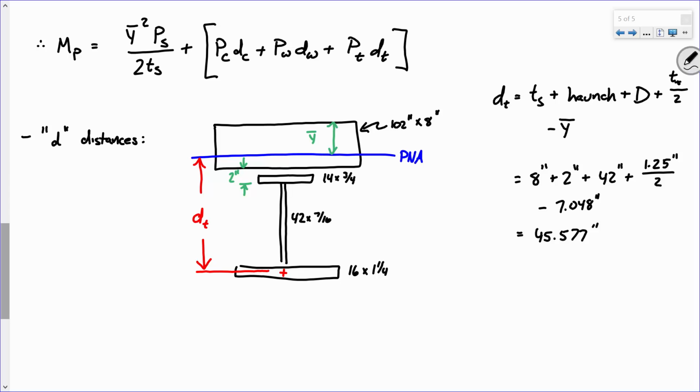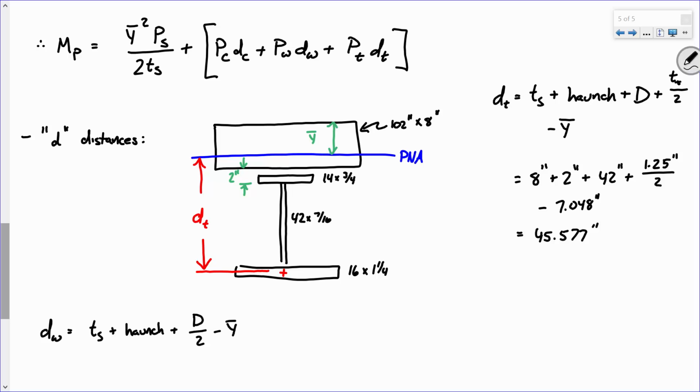Somebody else give me dW. Let's do dW right here. So what's that? So we go down the slab thickness, right? Then we do what? We go a haunch plus what? The whole depth over 2 minus y bar.